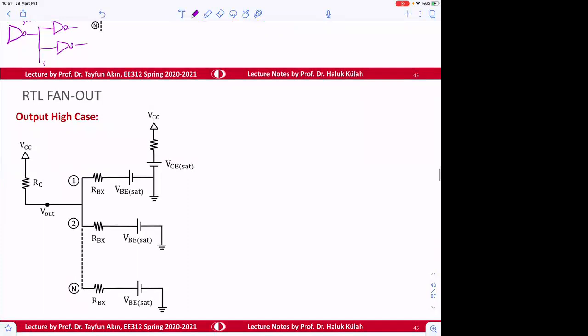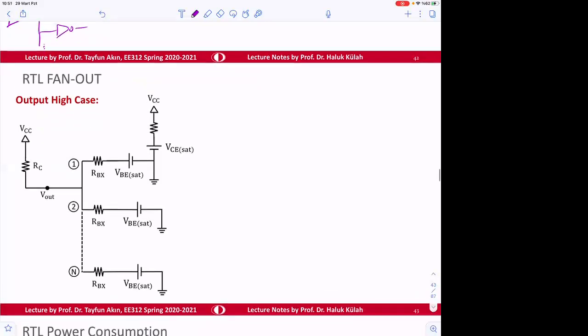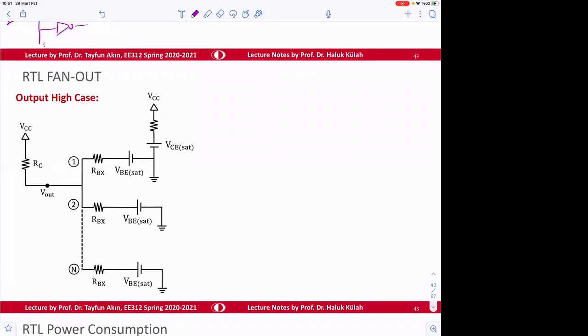What happens for the output high case? That's the thing that we need to analyze. For output high case, this is our transistor. It's going to be off, right? This is off. That's the output high case.